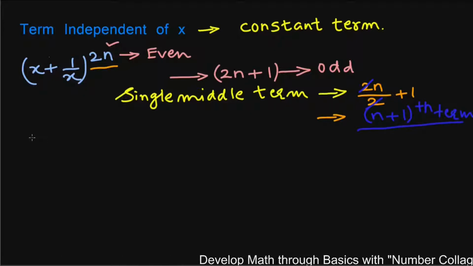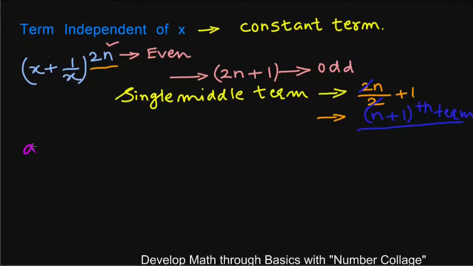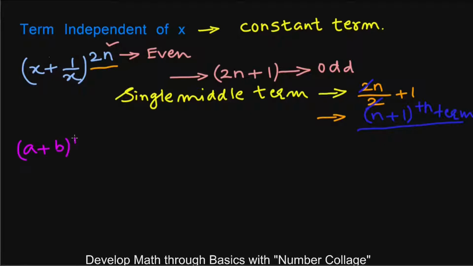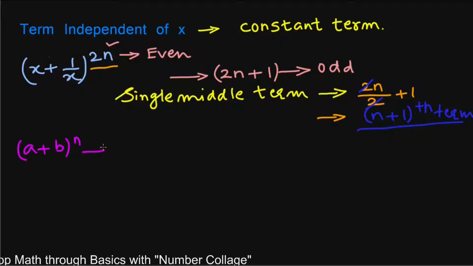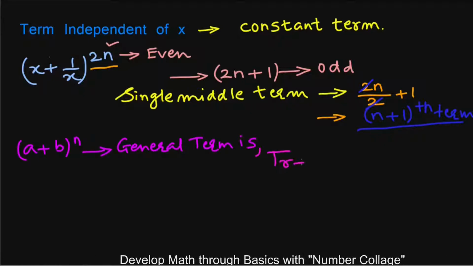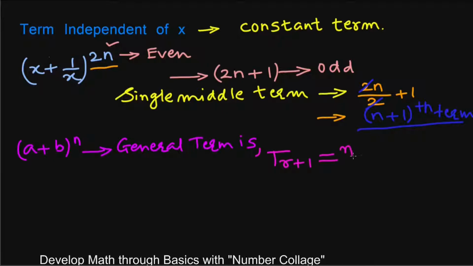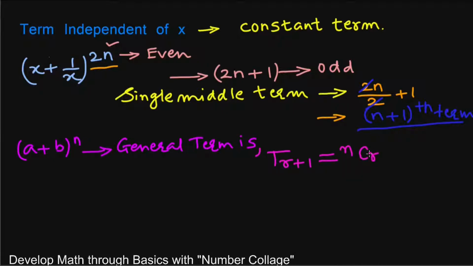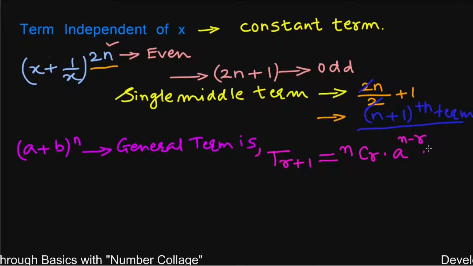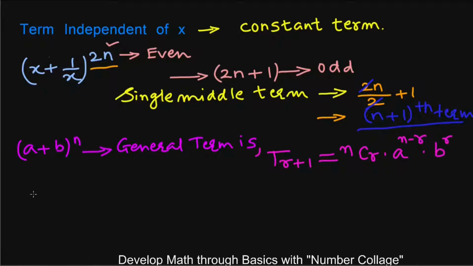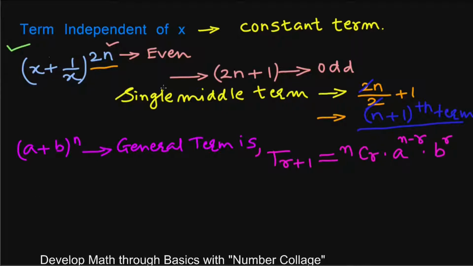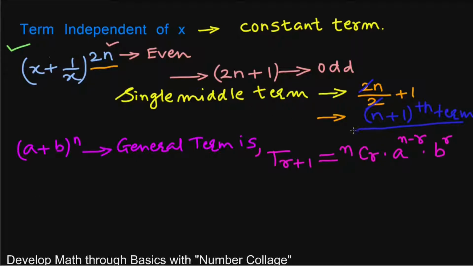We have learned in the binomial expansion of a plus b raised to n, the general term t r plus 1 is given as n c r into a raised to n minus r into b raised to r. Therefore, the single middle term in this case, as we have found out, will be the n plus 1th term.